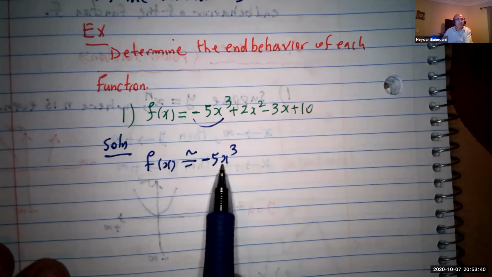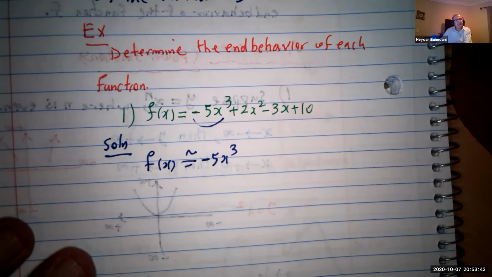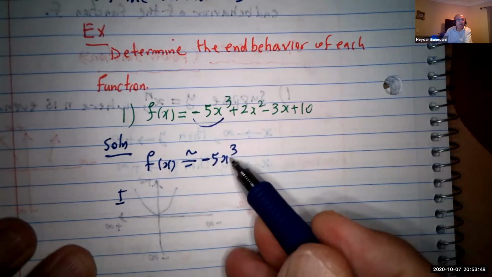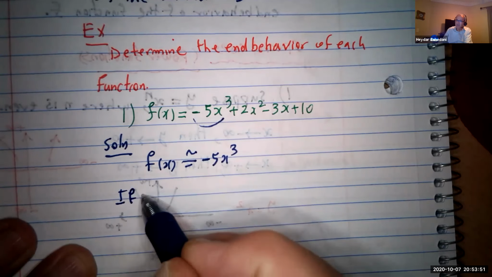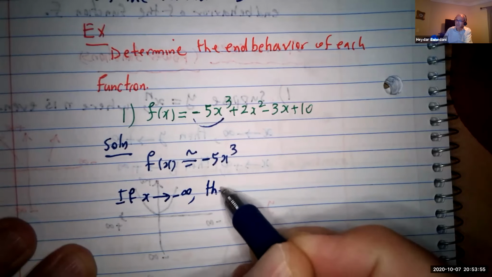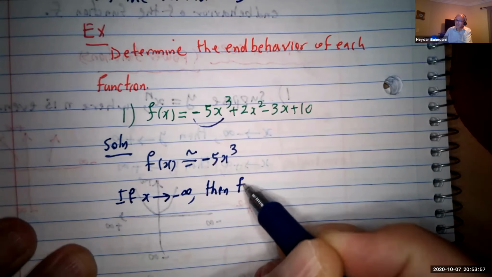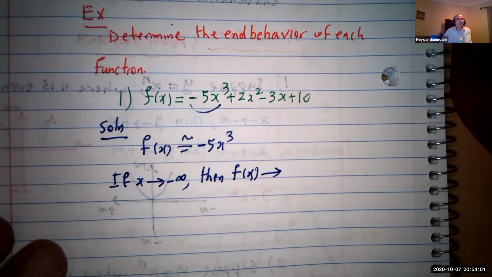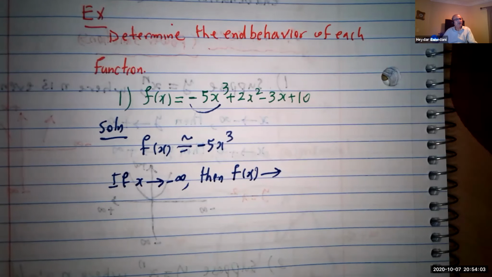Now check the infinity here and tell us what would happen to f of x. If you see it's an odd power, if x goes to negative infinity, then f of x, or y, goes to, check which one is it. Is it positive infinity or negative infinity? Any suggestion?